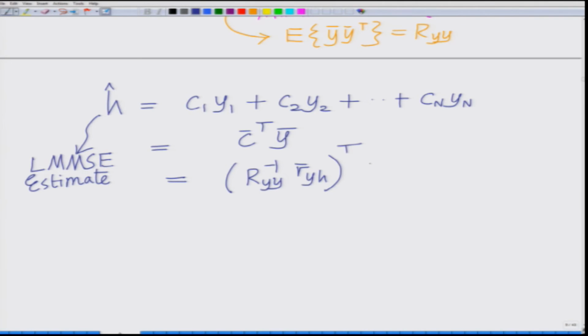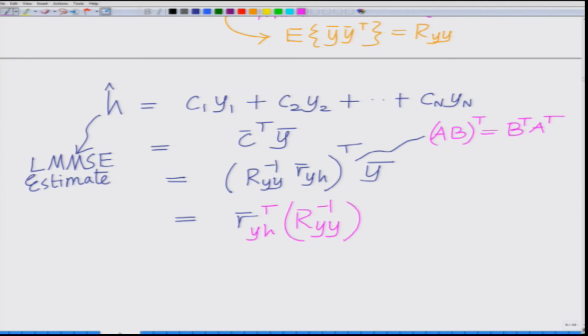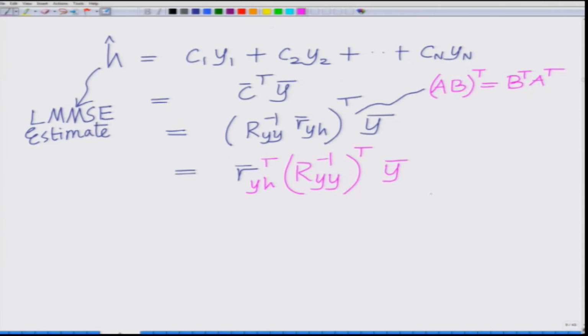This transpose times y bar, which is equal to, now look at this, this is AB transpose. We will use the property that AB transpose equals B transpose A transpose, to write this as R bar YH transpose RYY inverse transpose into y bar.